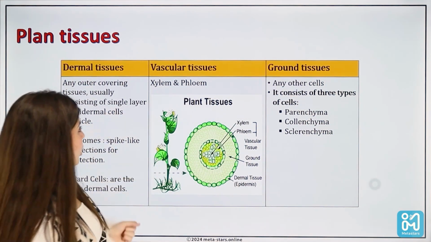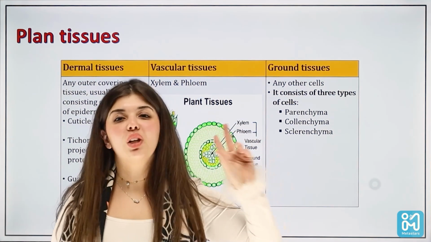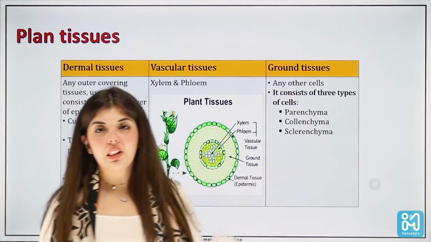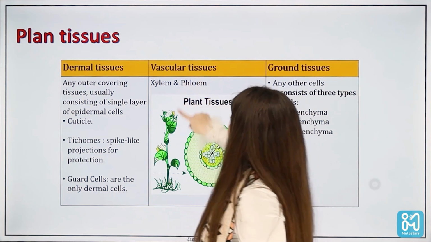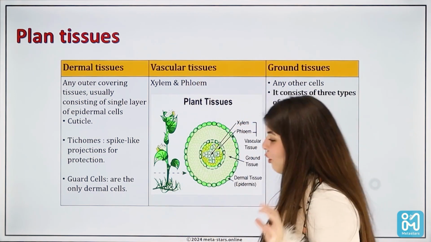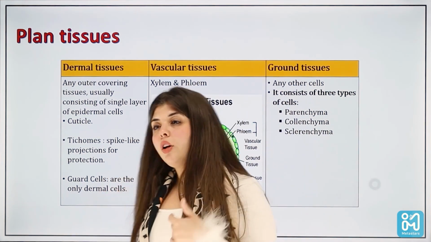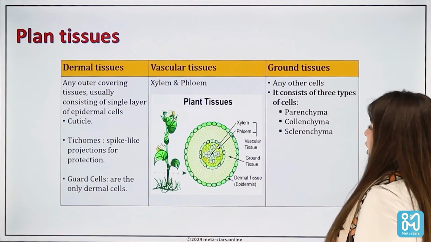The vascular tissue is composed of 2 main things, and please focus on this, it mainly comes on the ACT trials. Vascular tissue is composed of xylem and phloem. These are 2 types of tubes that transport what? Nutrients and water. One of them transports water and one of them transports nutrients.